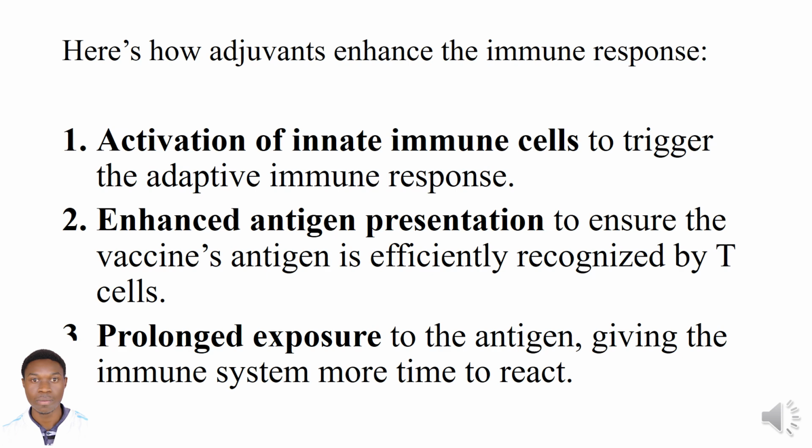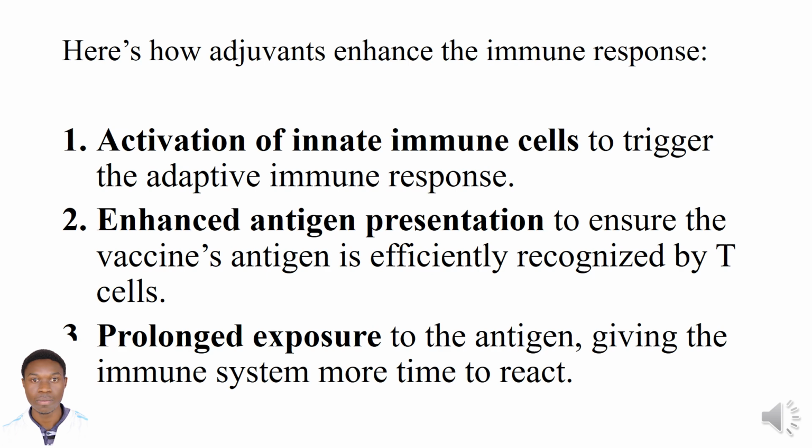Upon activation, immune cells release cytokines, which are interleukins and interferons, and they are chemical signals that coordinate the immune response, and they help to activate other immune cells, recruit them to the site of the vaccine injection, and create a pro-inflammatory environment that enhances the immune response.